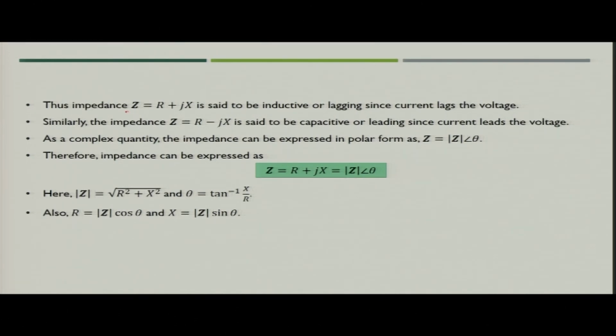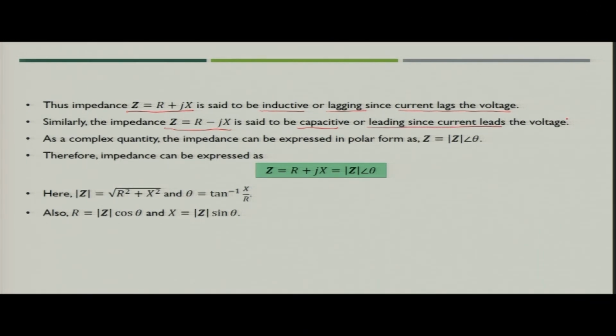Now, impedance Z is equal to R plus jX would be inductive when it is lagging, since the current lags the voltage. When Z is equal to R minus jX, it is capacitive because the current leads the voltage.